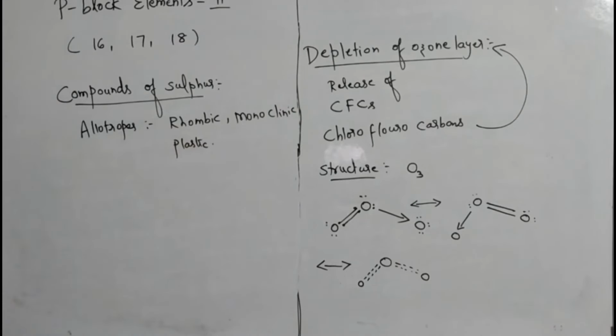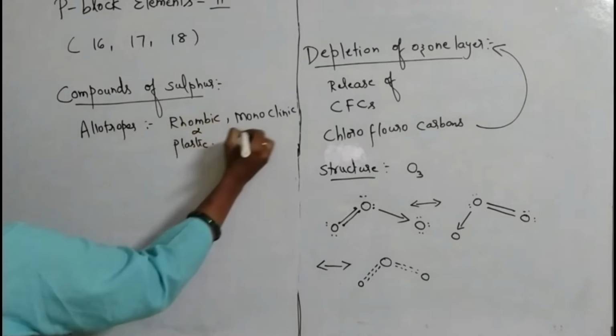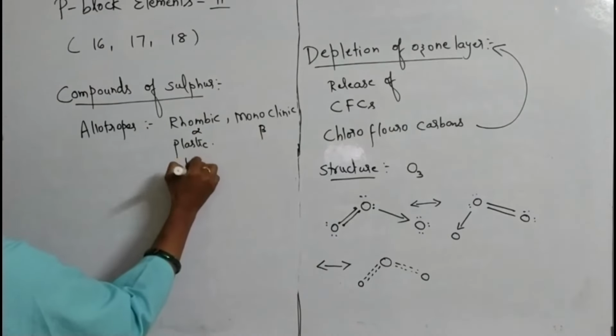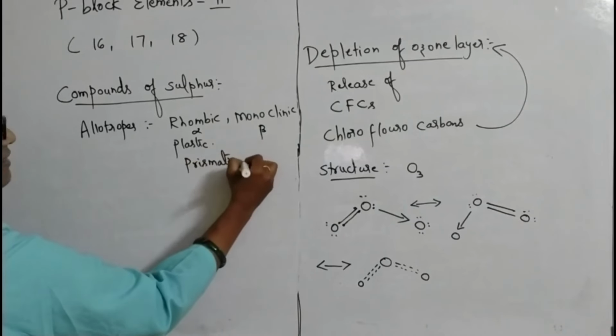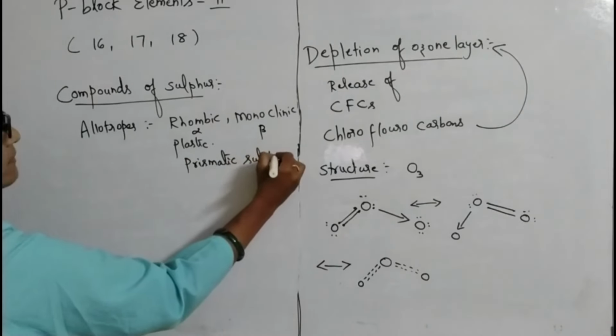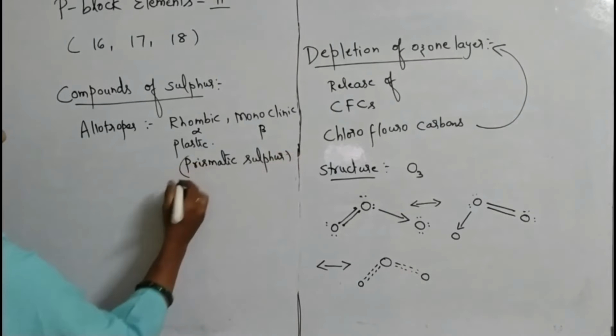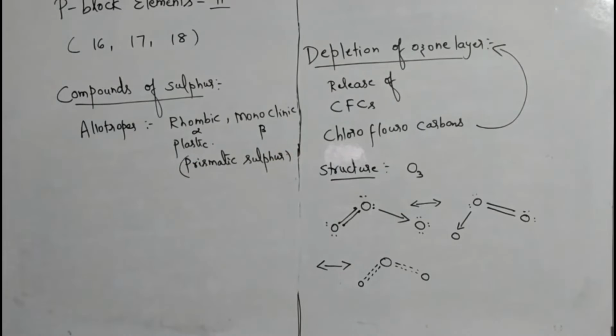Rhombic is also called alpha sulfur, monoclinic is also called beta sulfur, and the third can be called prismatic sulfur. Please remember that point.